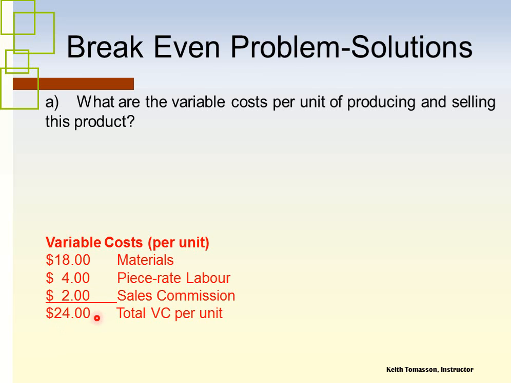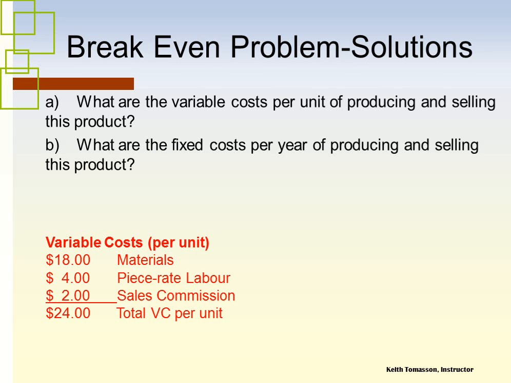So we know that the total variable cost per unit is $24. For every unit that's sold, it's going to cost us $24 in variable cost to sell that unit. So that's the total variable cost of producing and selling this product.